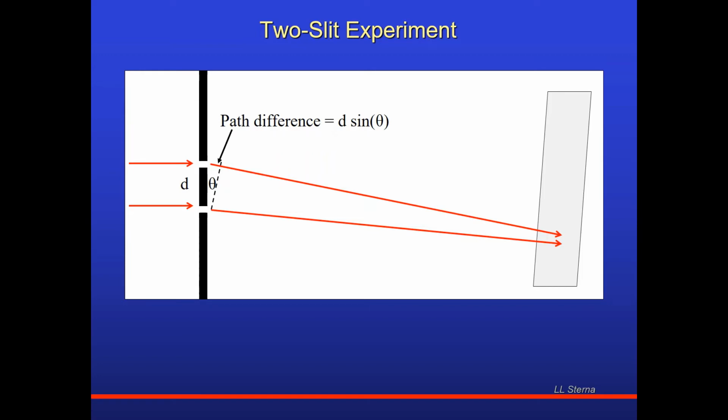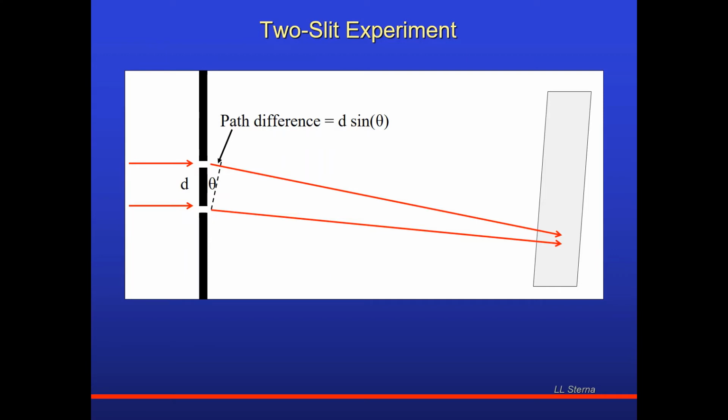For the right triangle, d is the hypotenuse, and the path difference is d sine theta. d, the hypotenuse, times the sine theta gives you the length of the side opposite the angle. Now, if we can measure that angle, and we know d between the two slits, we can calculate the path difference.